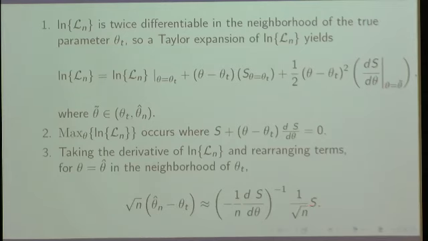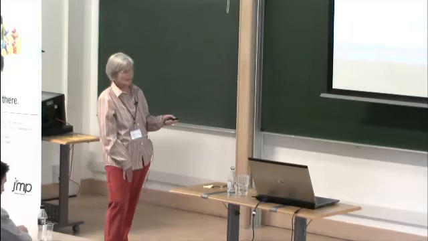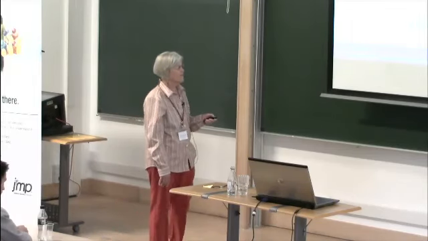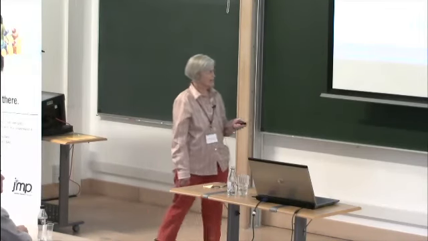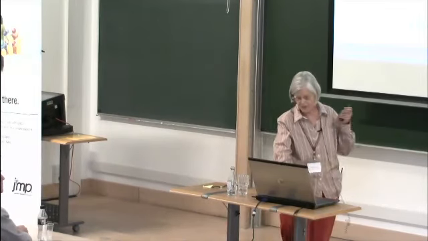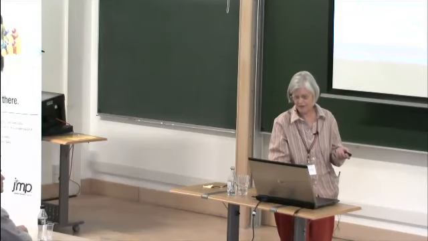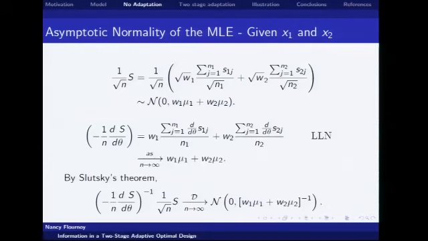And over here, minus the second derivative of the log likelihood, we have a random variable which will go in probability to the information matrix.